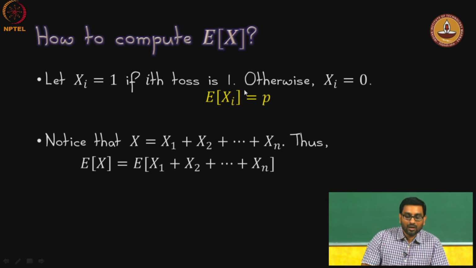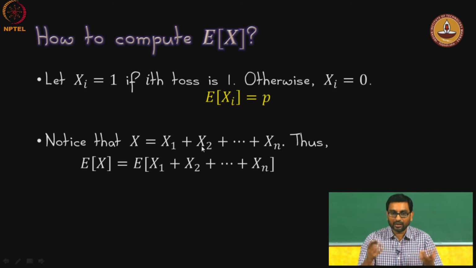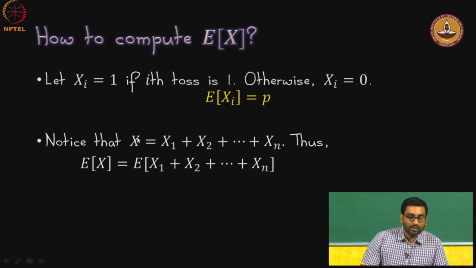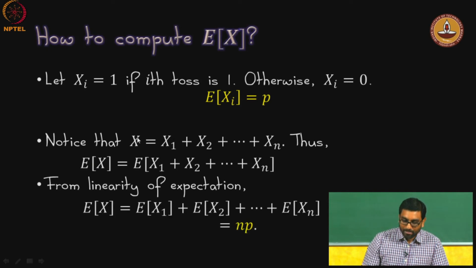So, now we know that the total number of heads that we are going to get is simply the summation x1 plus x2 and so on up to xn. Basically, take each one of them. If you get a heads, it accounts towards this capital X, otherwise not. So, it is just a summation. Clearly, you can take expectation on both sides, so E of x is equal to E of x1 plus x2 and so on up to xn.